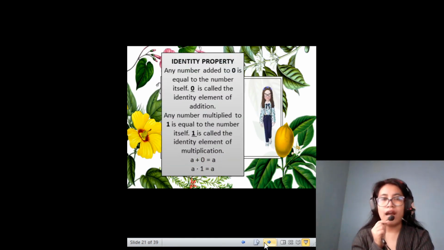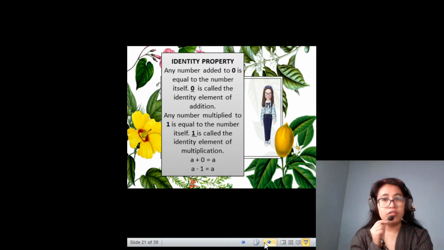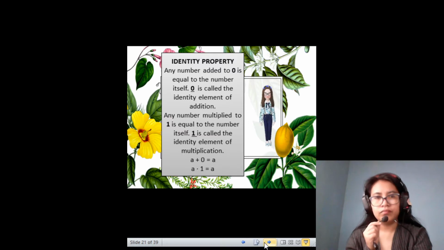Any number added to 0 is equal to the number itself. Therefore, 0 is called the identity element of addition. In multiplication, we also have it. Any number multiplied by 1 is equal to the number itself. 1 is called the identity element of multiplication.